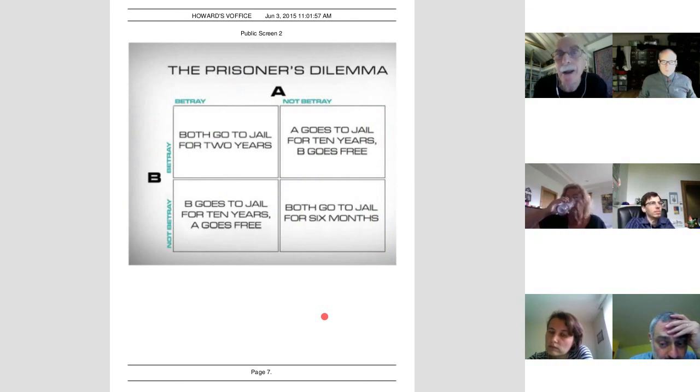If you both betray each other, if you both defect, in the words of game theory, you both go to jail for 2 years. So it's 4 times heavier. However, if you choose not to betray, not to defect, and the other player chooses to betray, to defect, then the other player goes free, and you go to jail for 10 years, the upper right corner of the matrix.